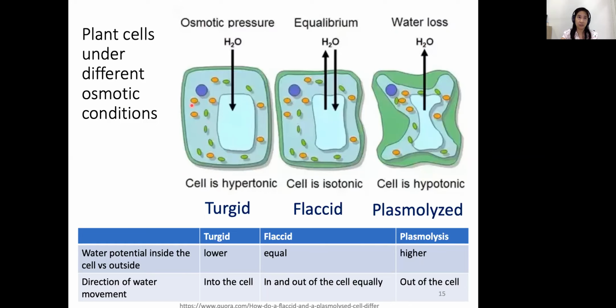It has a lot of solute, so water from outside moves to inside. If you notice carefully, this rectangle is the vacuole, one of the organelles inside the cells. Its main function is to store water. So under the osmotic pressure, water moves in, and the cell is under hypertonic condition, or we can say the cell is turgid.